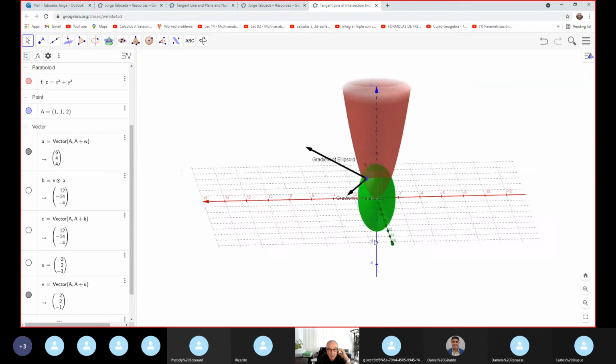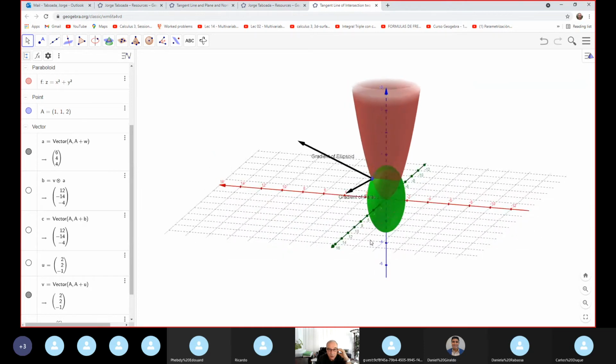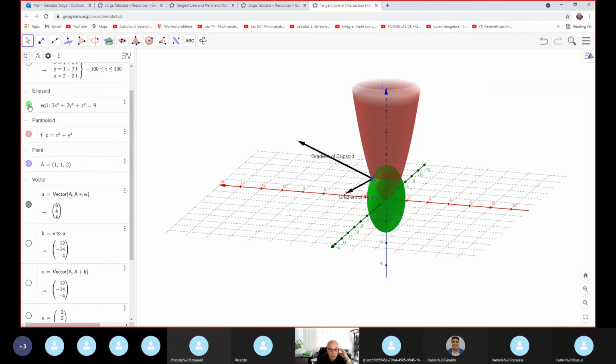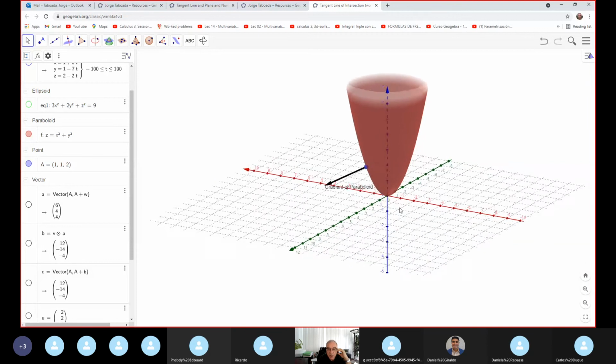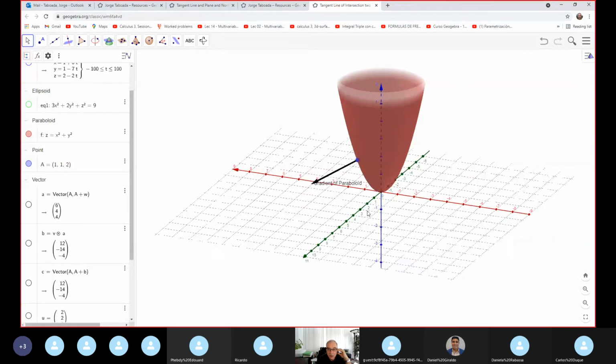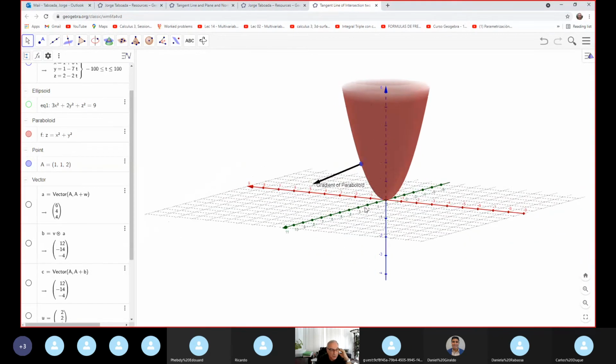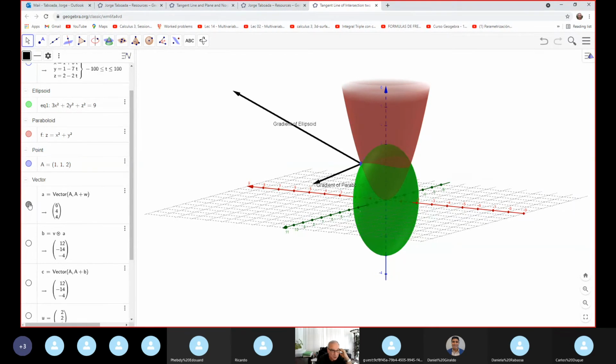To understand this, I remove the ellipsoid and its vector. Look at that. This is the normal vector of the paraboloid at the specific point. Okay, restore the ellipsoid and its gradient.